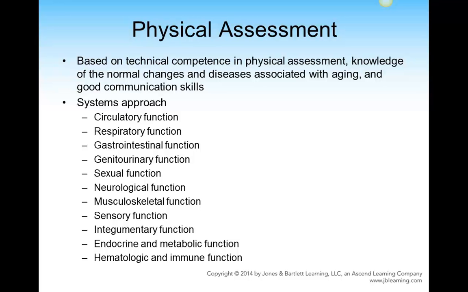Neurological function. What is their normal musculoskeletal function? Do they have arthritis? Are they having degenerative joint problems? Rheumatoid arthritis? How do they move? Do they have pain when they move? Sensory function, again, back to that vision and hearing, speech.